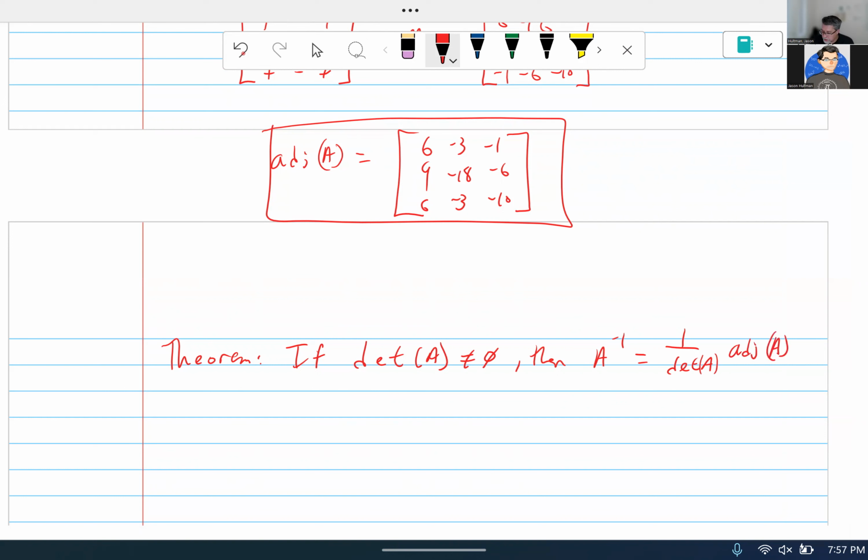So I could find the adjoint of A and then 1 over the determinant. That gives me the inverse. That's just another way to calculate the inverse matrix.